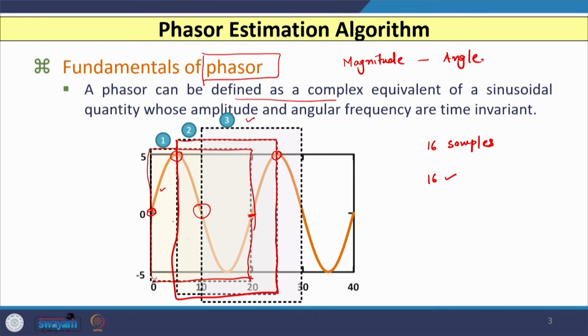So, irrespective of whether we take the sample at 0 or 30 or 90 or pi, if we calculate the phasor value using the acquired samples, then that remains time invariant.